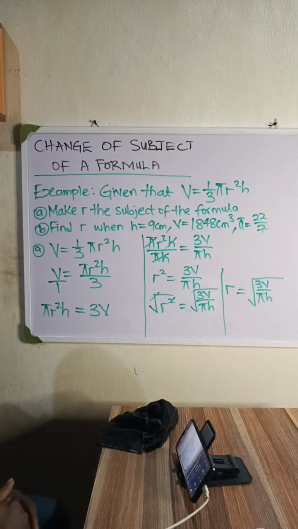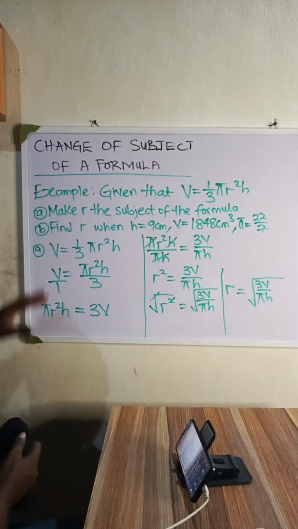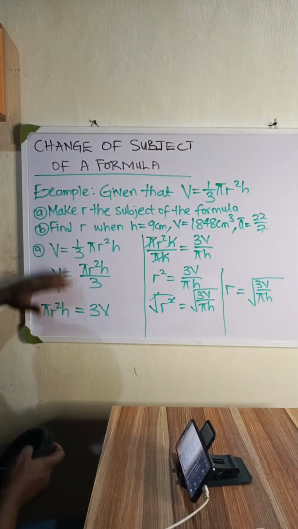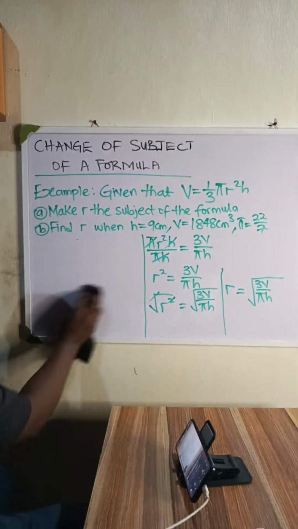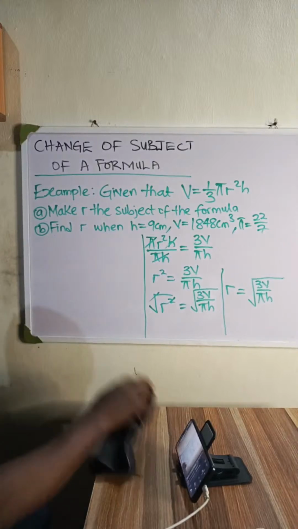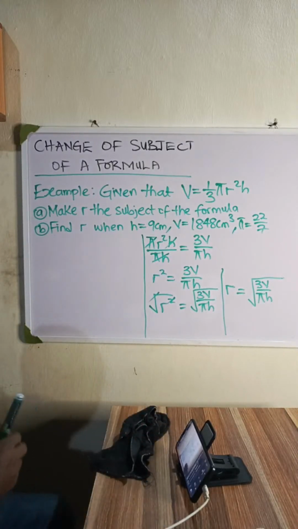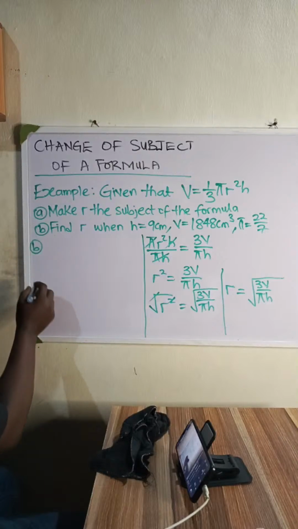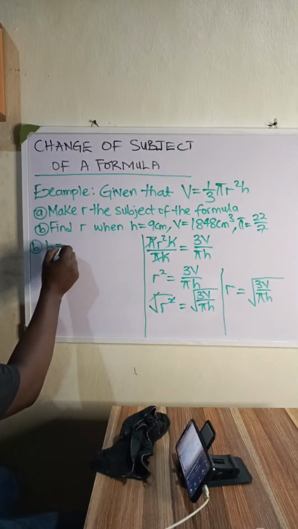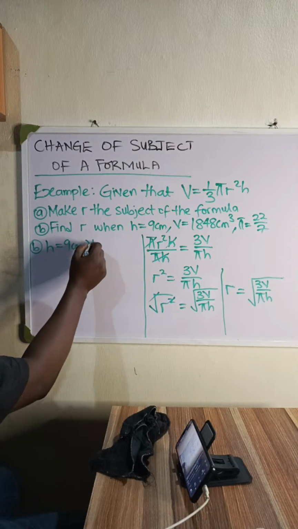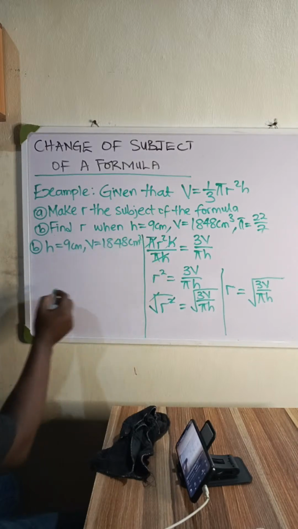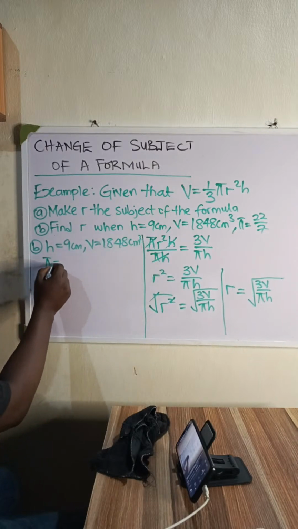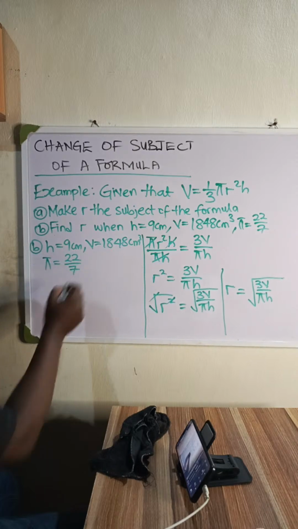So let's look at that. I'm going to wipe here off. So B, we know that H is equal to 9 centimeter, V is equal to 1,848 centimeter cube, and pi is equal to 22 over 7.